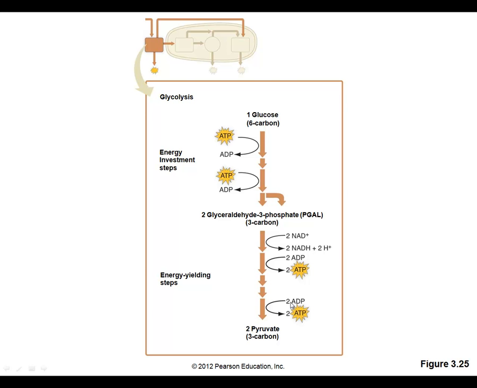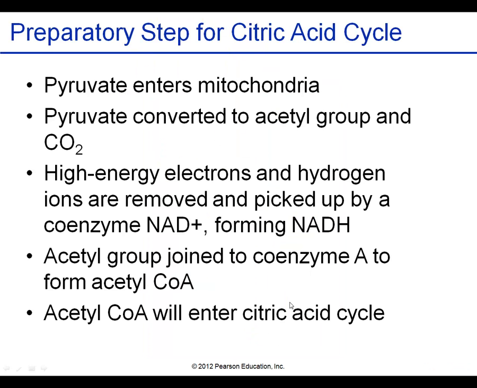If you have oxygen, then the pyruvate is going to go to the preparatory step. At the door of the mitochondria, the pyruvate has to lose a carbon. Once it loses a carbon, it becomes acetyl. And that acetyl is going to be joined with a coenzyme A to make acetyl coenzyme A. Good? Great.